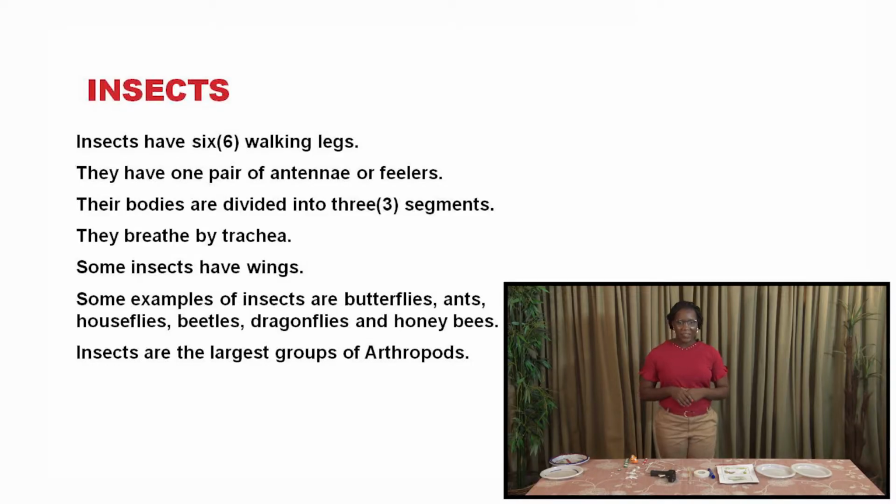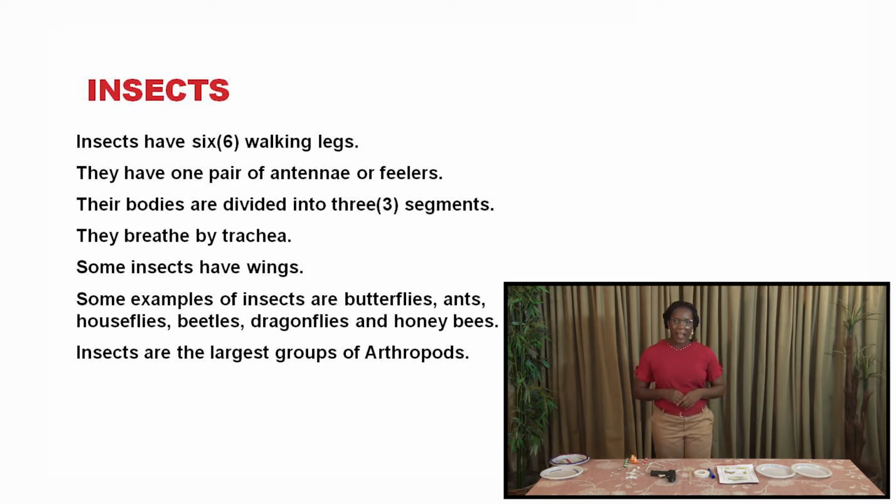Here are some details about insects. Insects have 6 walking legs. They have 1 pair of antennae or feelers. Their bodies are divided into 3 segments: head, thorax, and abdomen. They breathe by trachea.